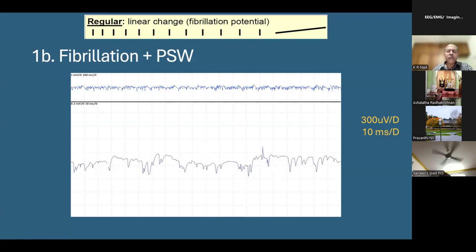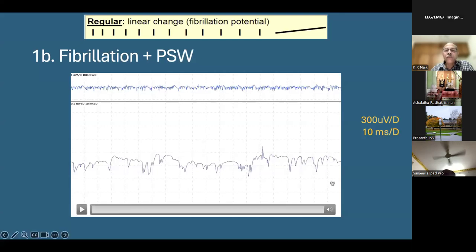Now, grading will change. Many books mention grade 0 to 4. That's a good option. The other option is how many sites this fibrillation and positive sharp waves have been seen in. Out of 10 sites you checked, if 10 out of 10 sites have shown fibrillation and positive sharp waves, that shows much more extensive denervation in comparison with only one or two sites.